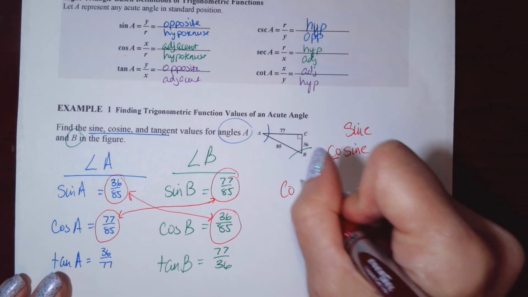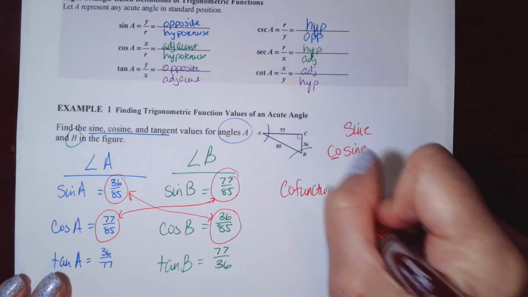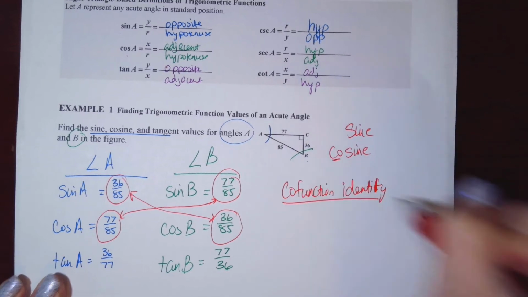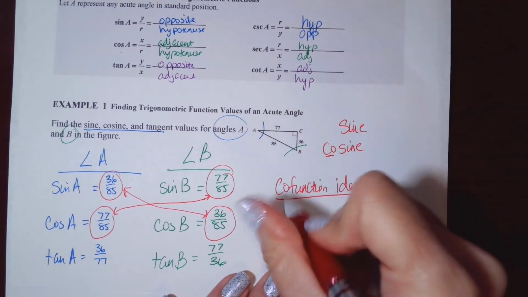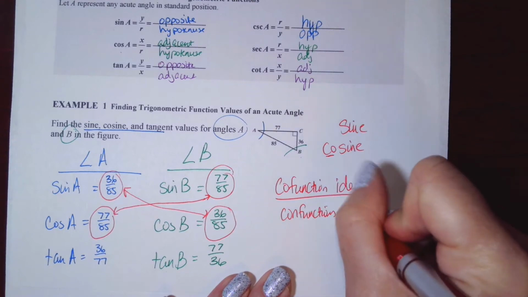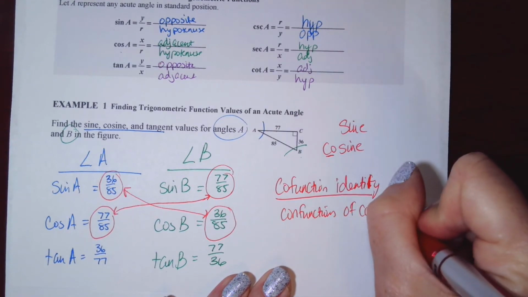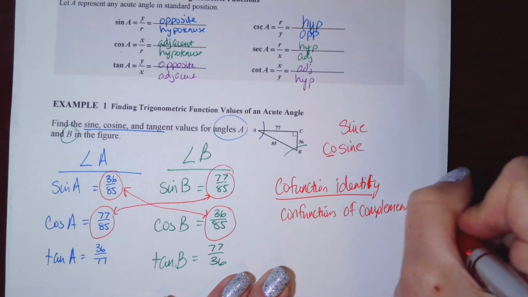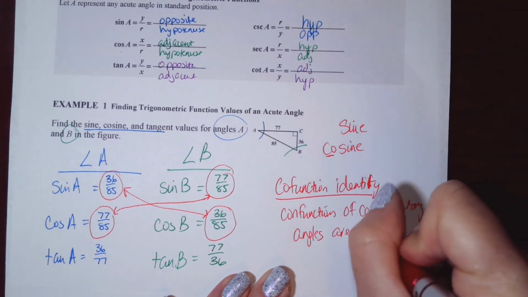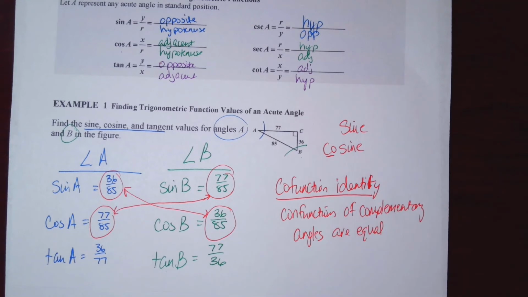My cofunction identity, if you remember, said that cofunctions of complementary angles are equal.